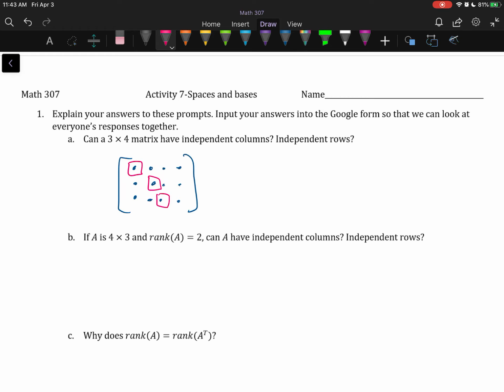And so if we were looking at the columns, we could have 3 columns that are pointing in different directions, but these column vectors are in R3, so there's really only 3 dimensions to work with. So can we have independent columns? No, because that 4th vector is a problem. So no, let's just write dependent columns.